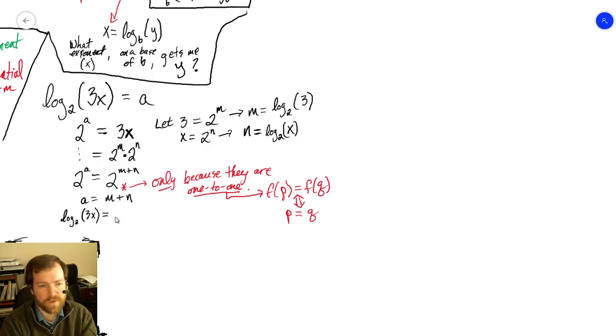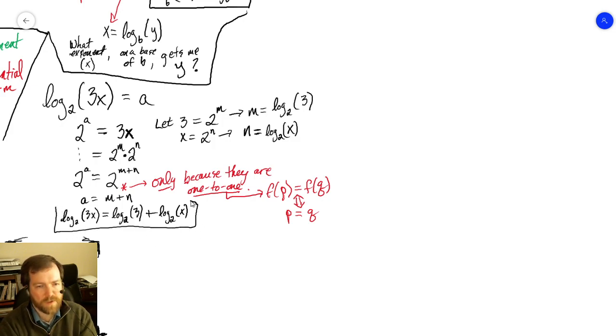M was equal to the log base 2 of 3, plus n was equal to the log base 2 of x. So this proves a fundamental rule for logarithms, in that if you have a term that has multiplication on the inside of the log, you're then able to break this thing down.